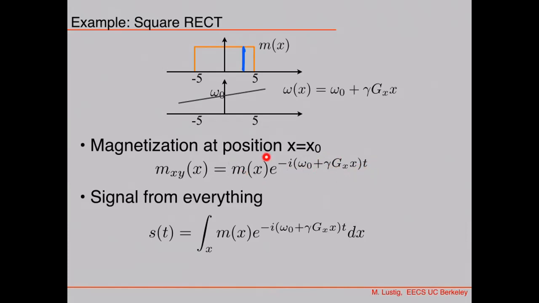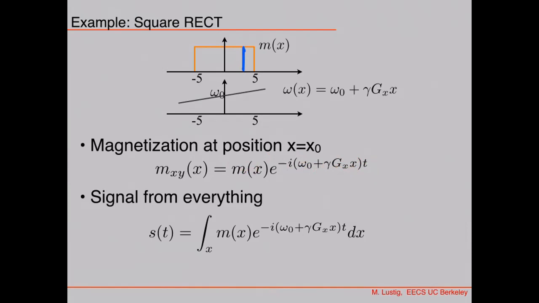So this will be the signal that comes from this small piece of magnetization. If I move to a different x, then the only thing that changes is here. That will change some constant, but effectively it will be the same.